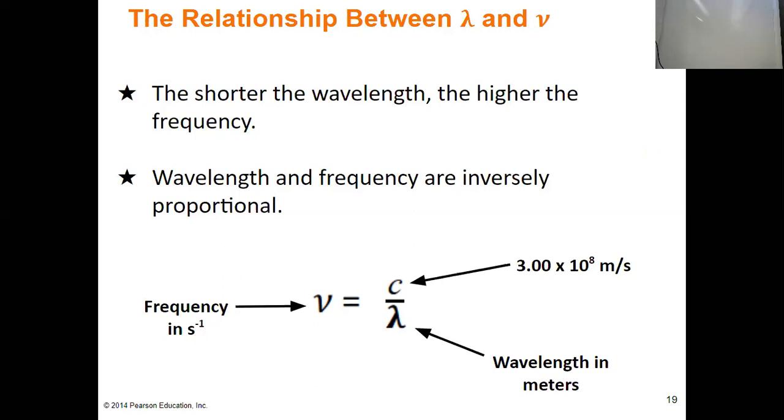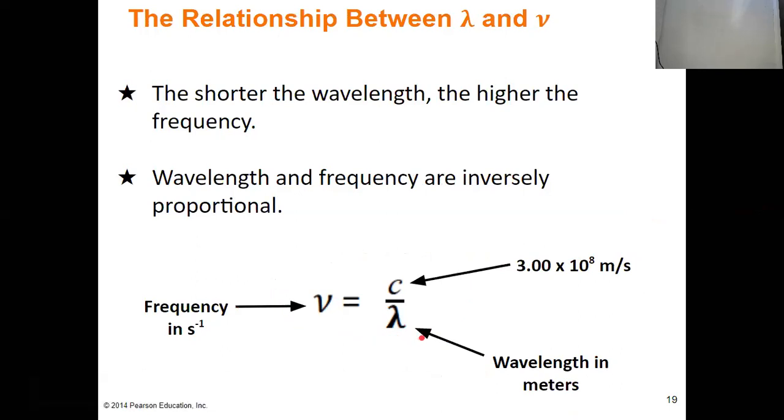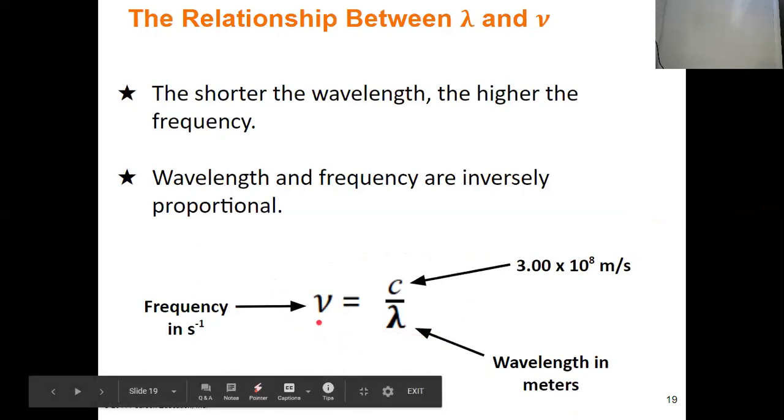What that does lead us into is a way that we can use the speed of light to figure out what the frequency and the wavelength of our light is. So this is one version of our standard frequency and wavelength equation. The frequency of any light is equal to the speed of light divided by wavelength.